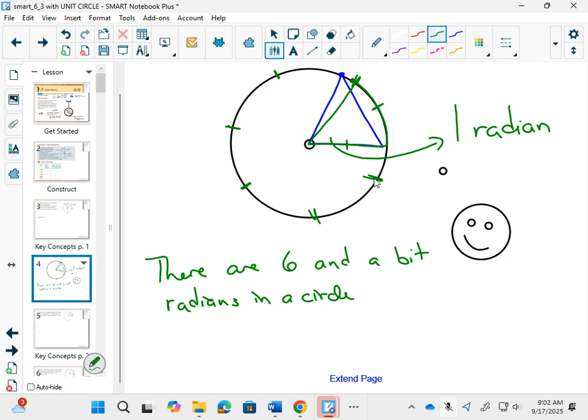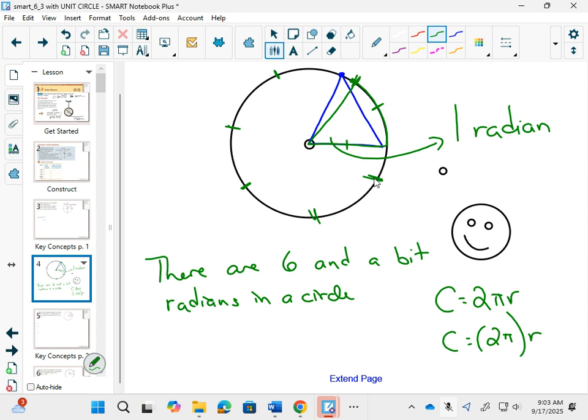So we use the ideas that we know. Actually, you already know the answer to this, but you've probably never thought about your circumference formula this way. We have our circumference formula, 2 pi r.